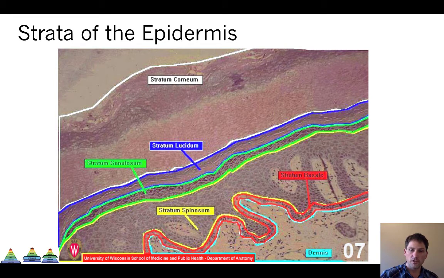Then we have our stratum spinosum, followed by our stratum granulosum, then lucidum, and then corneum. Make sure that you are able to identify these from superficial, stratum corneum, to deep, stratum basale. Basal portion, basement membrane, basal is at the bottom.